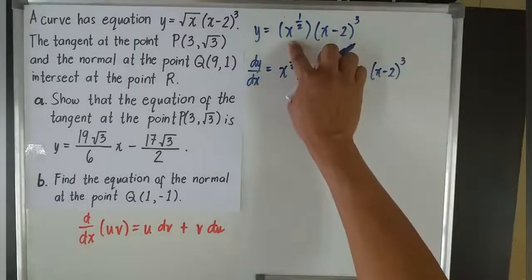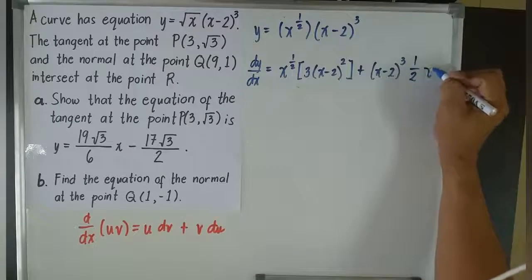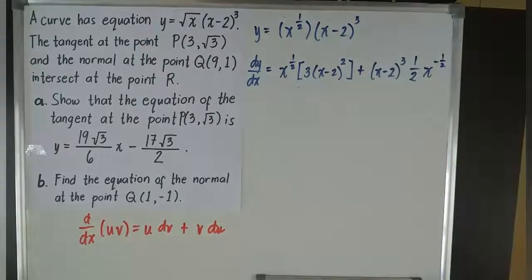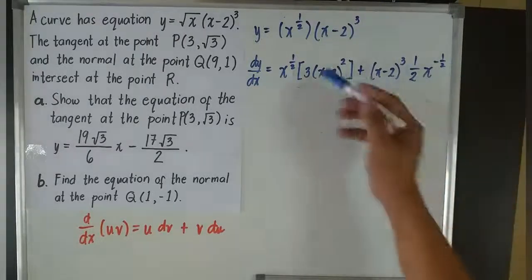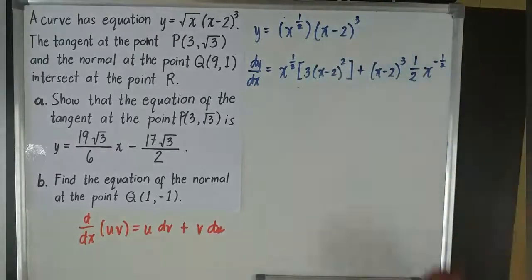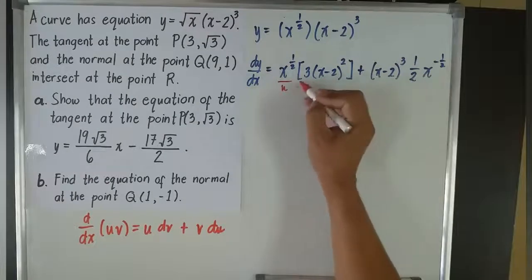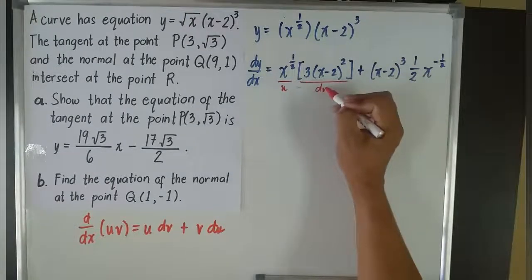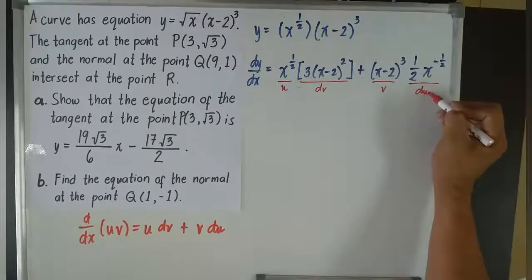This one will be 1 over 2 times x to the power of negative 1 over 2. Why negative 1 over 2? Because 1/2 minus 1 is negative 1/2. So again, this is u, this is dv, this is v, this is du.